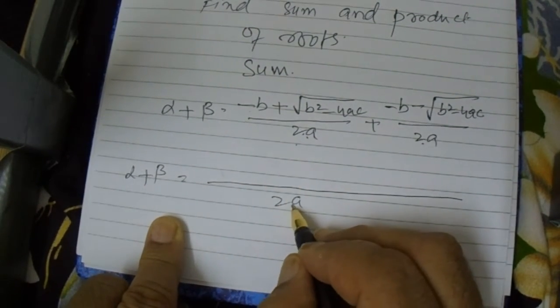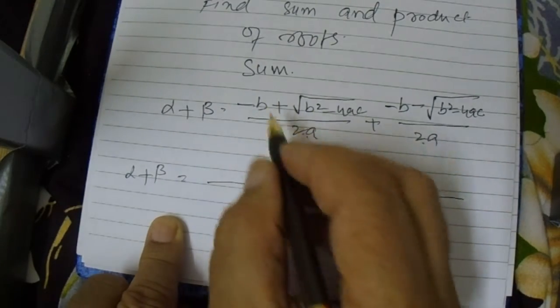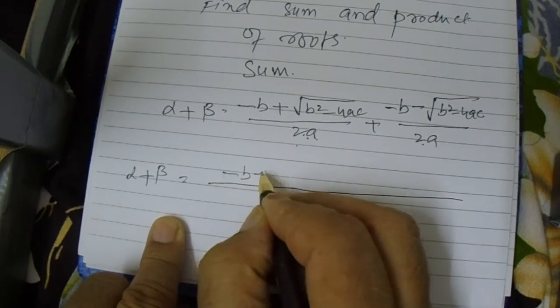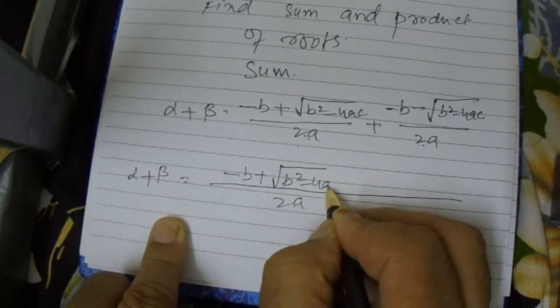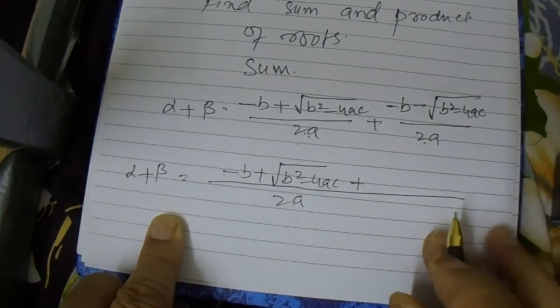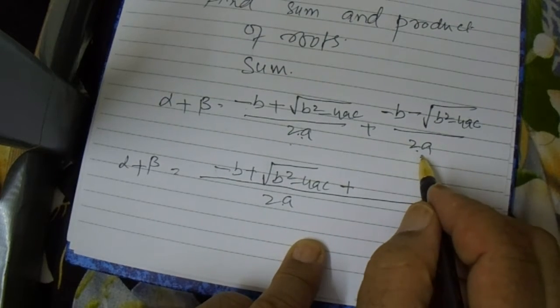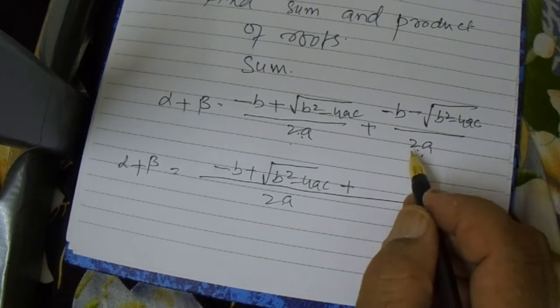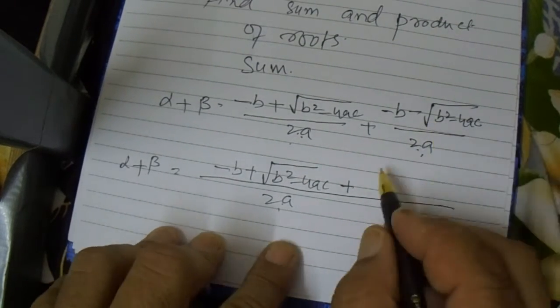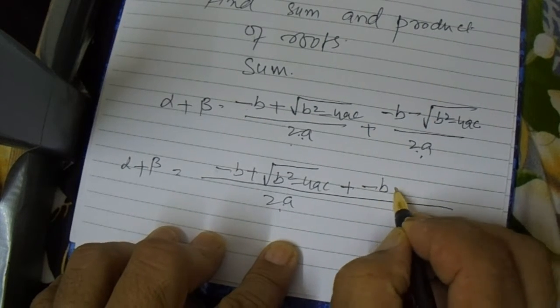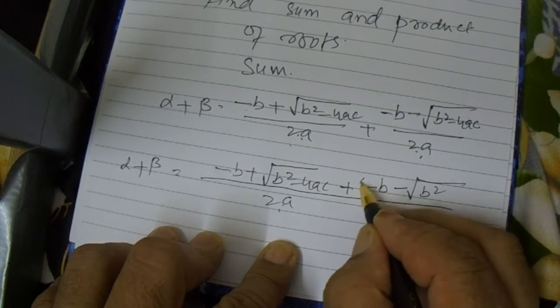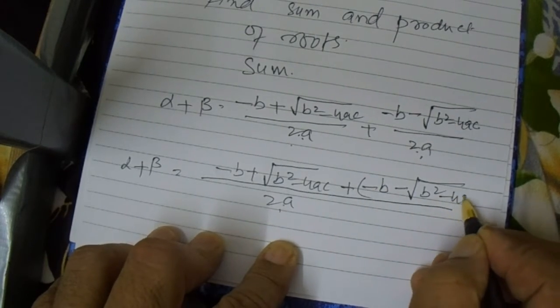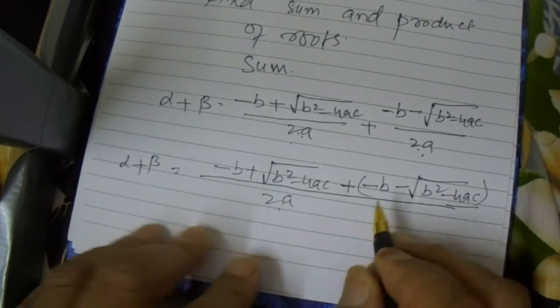Now this divided by this is 1, and 1 multiplied by this whole, we write minus b plus under root b square minus 4ac, and plus this divided by this, we have 1 multiplied by minus b minus under root b square minus 4ac, over 2a.